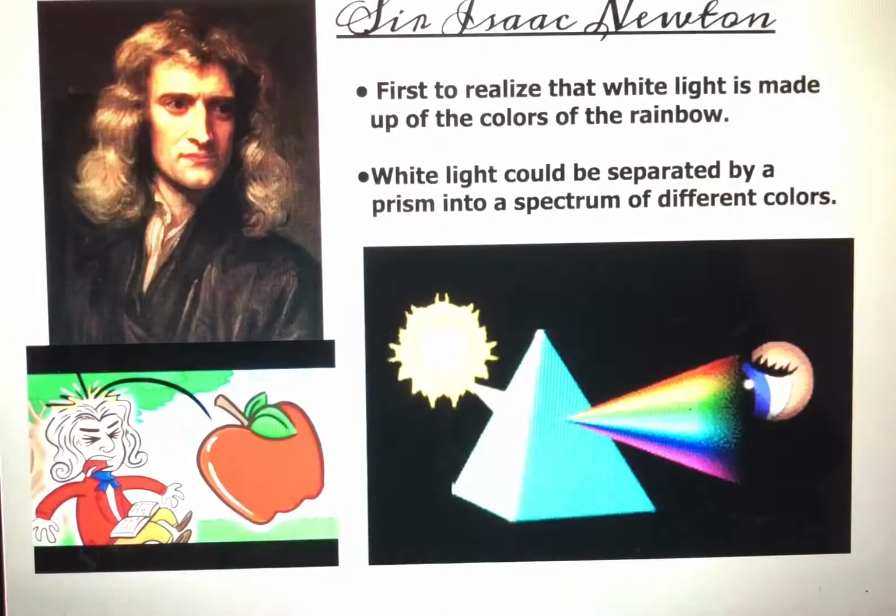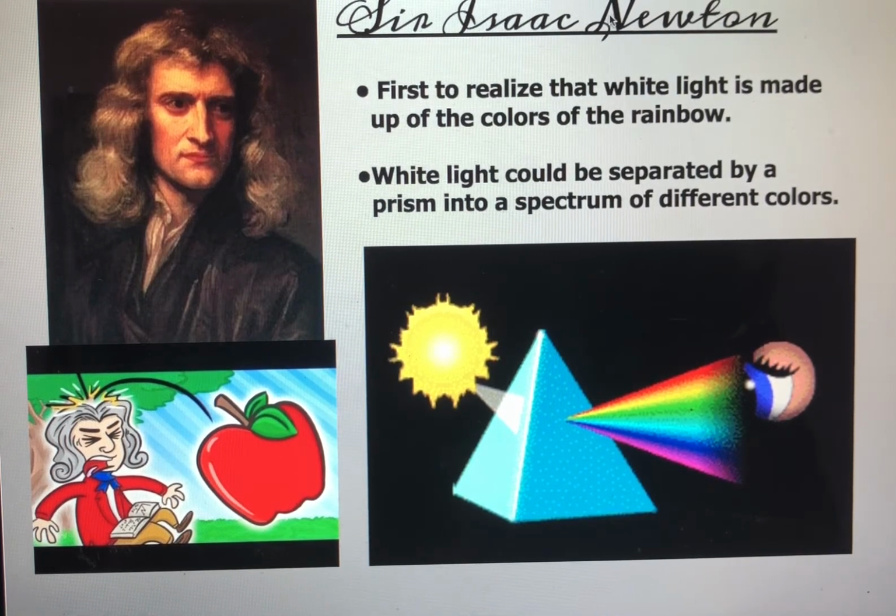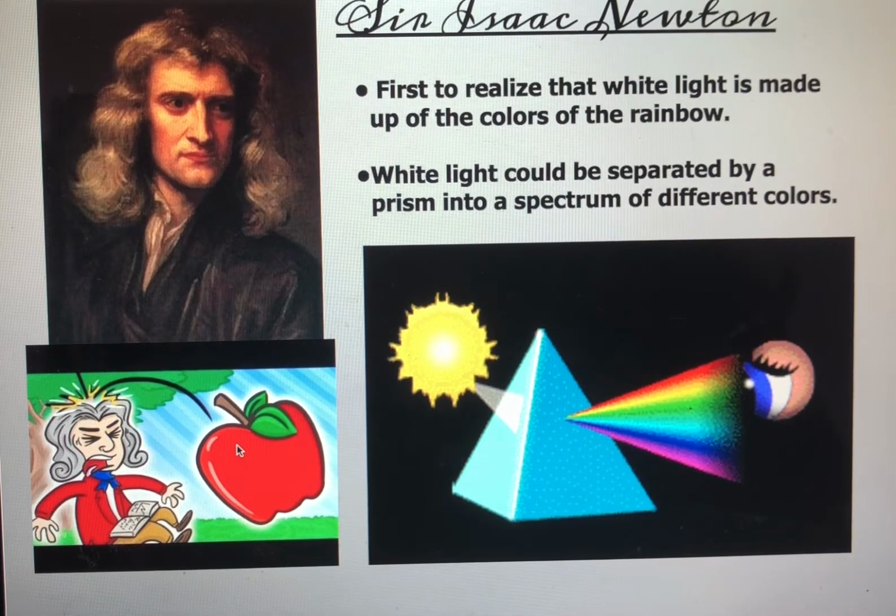Okay, someone that's very important to artists turns out to be a scientist. Sir Isaac Newton, in terms of color, did something very special for us. Normally we know Sir Isaac Newton as a scientist. He's the one who put a name to this gravitational force that pulls things down to the earth.